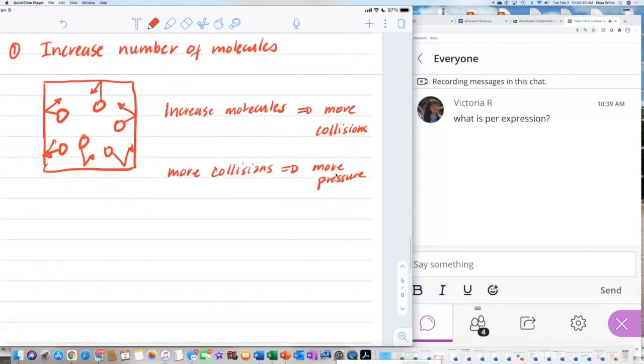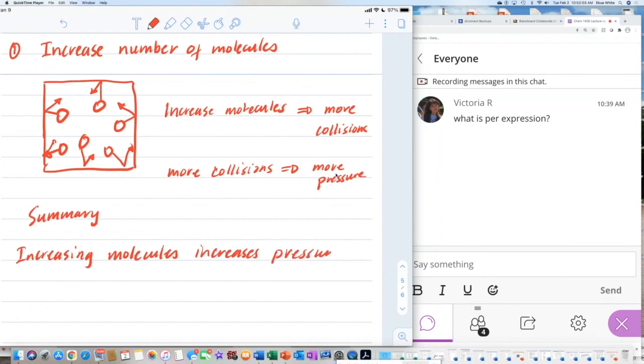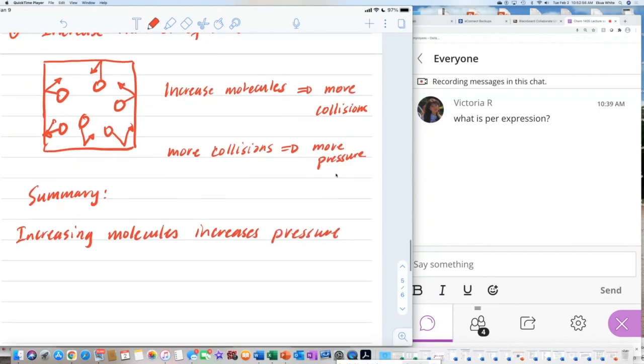So we can summarize. Summary: let me write this from the left so I can have enough space. Increasing molecules increases pressure. Okay, that's the first one.